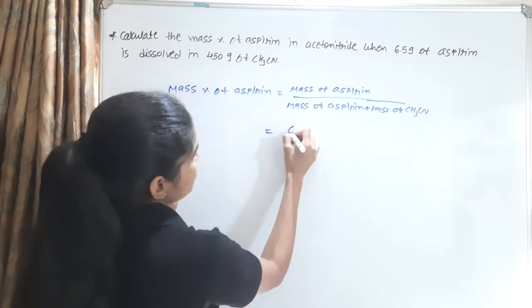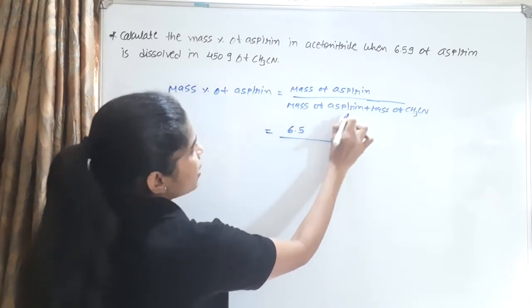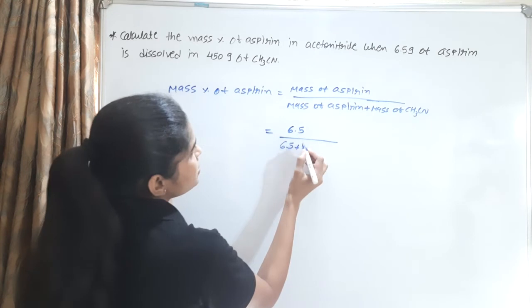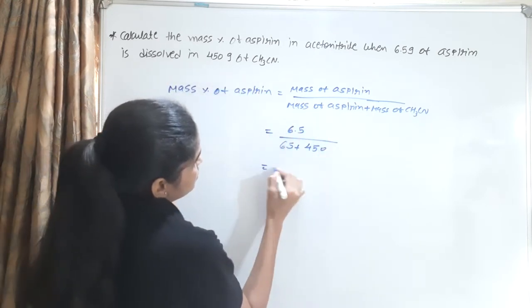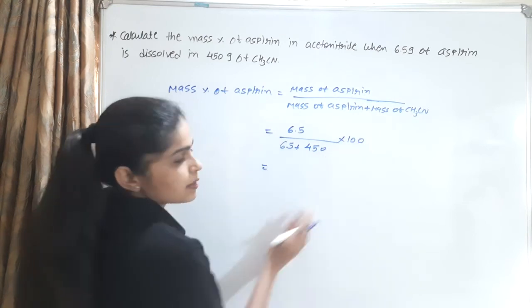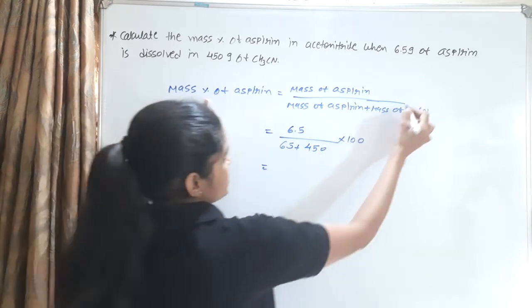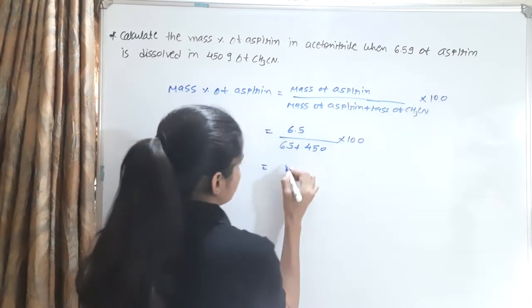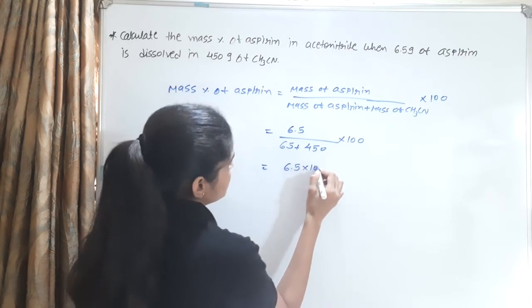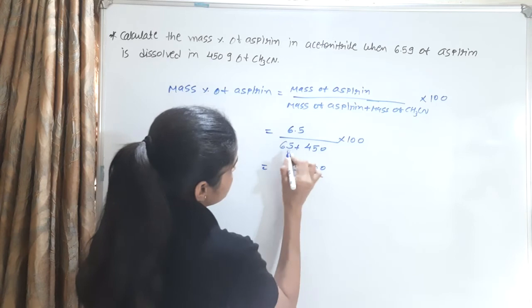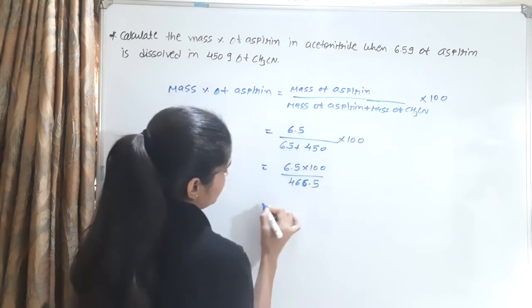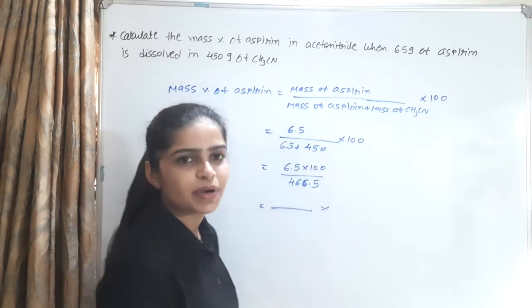Mass of aspirin given value is 6.5 gram, plus 450 gram dissolved. Multiply with 100 to find the percentage. So 6.5 multiplied with 100 divided by 456.5. That is the value of the mass percentage.